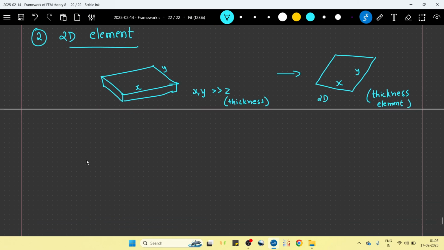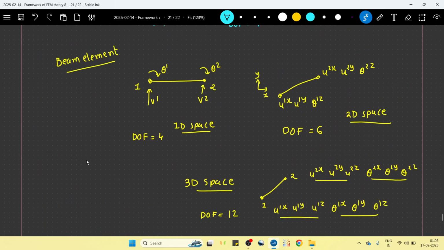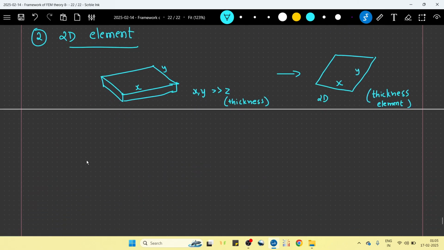In 1D elements we have seen beam and bar. Similarly, in 2D elements we will have the shell element and the 2D solid element. So let's see the shell element first. It has translation plus rotational degrees of freedom.